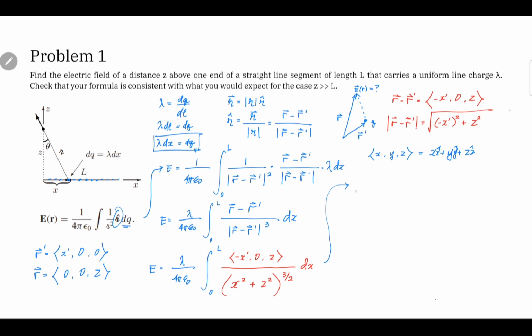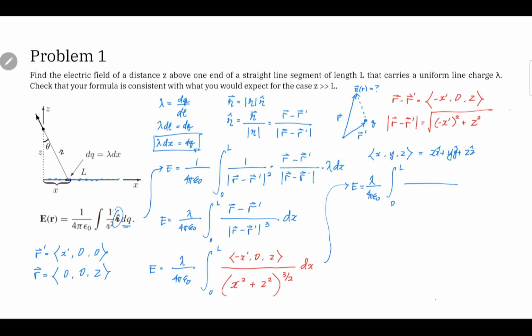You could rewrite your integral to become E equal to, we're just going to separate these into two. Since y is just 0, you can have lambda, this is your first term, lambda over 4 pi epsilon naught, integral from 0 to L of negative x.